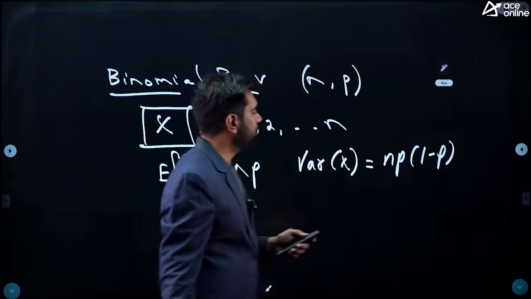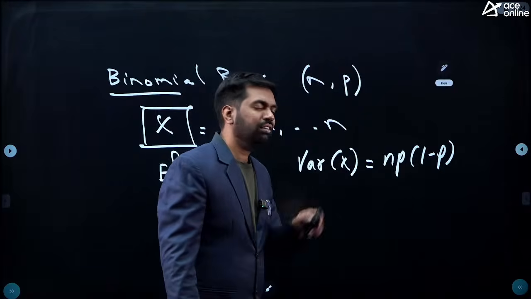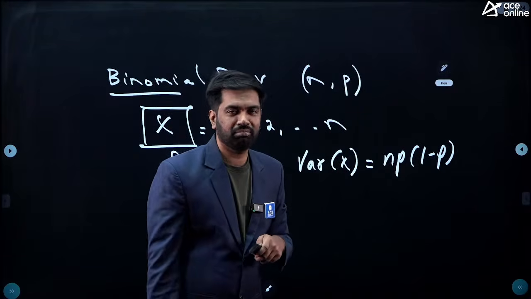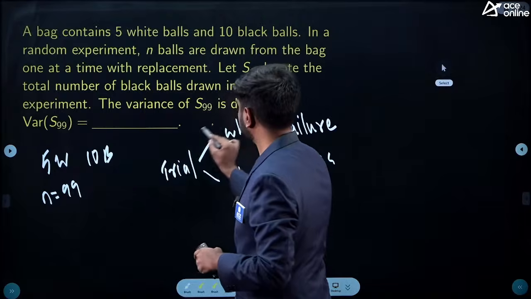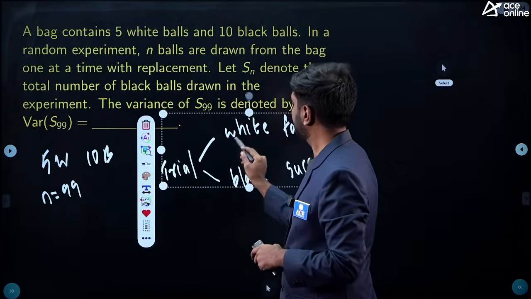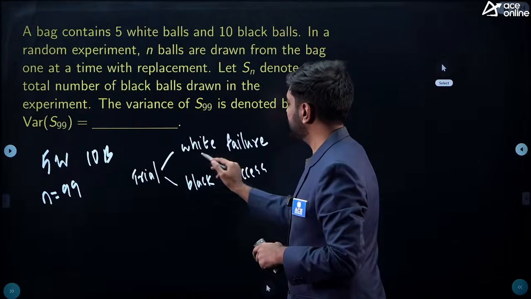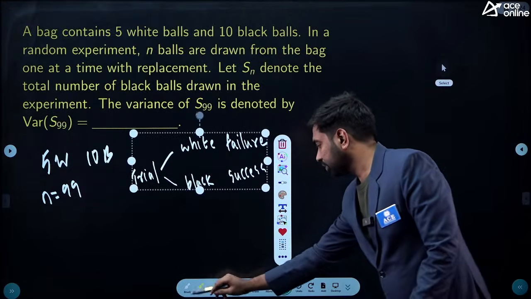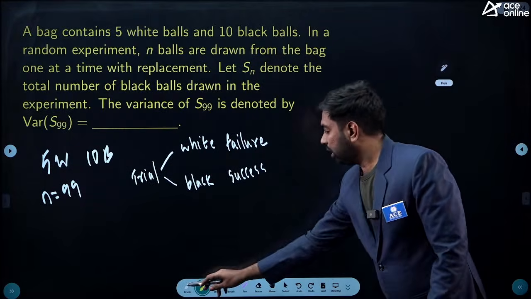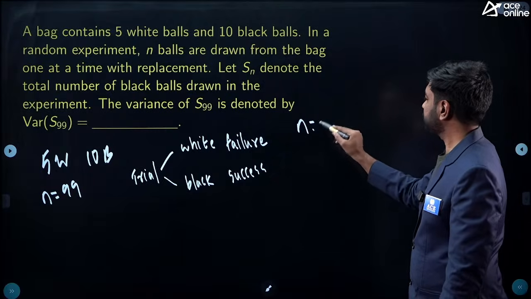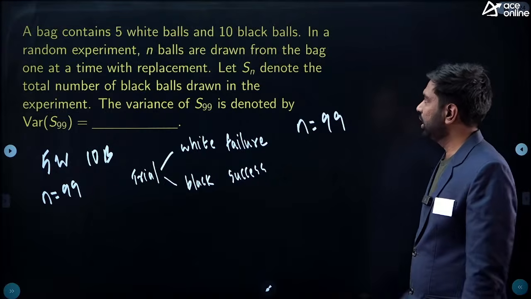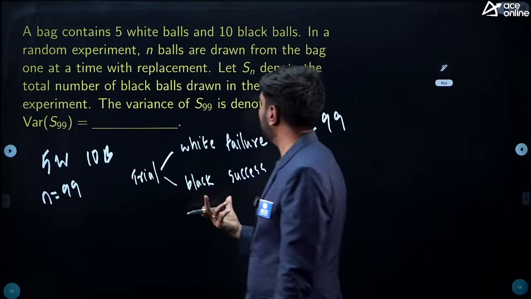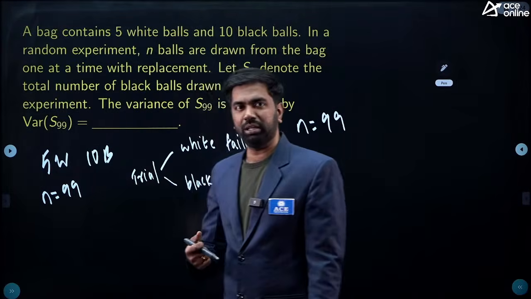In the present problem, you know what n is: 99. Let me highlight that the n value is 99. What is Sn? It is trying to count the number of black balls that are drawn in the experiment.